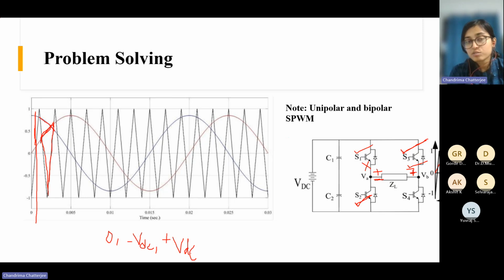You understood what I'm trying to say. So they are higher than the triangular wave in this instance. That's why S1 and S3 will be high. So it is not about the amplitude, it is about at each instant they compare whether this is high or the triangular is high.